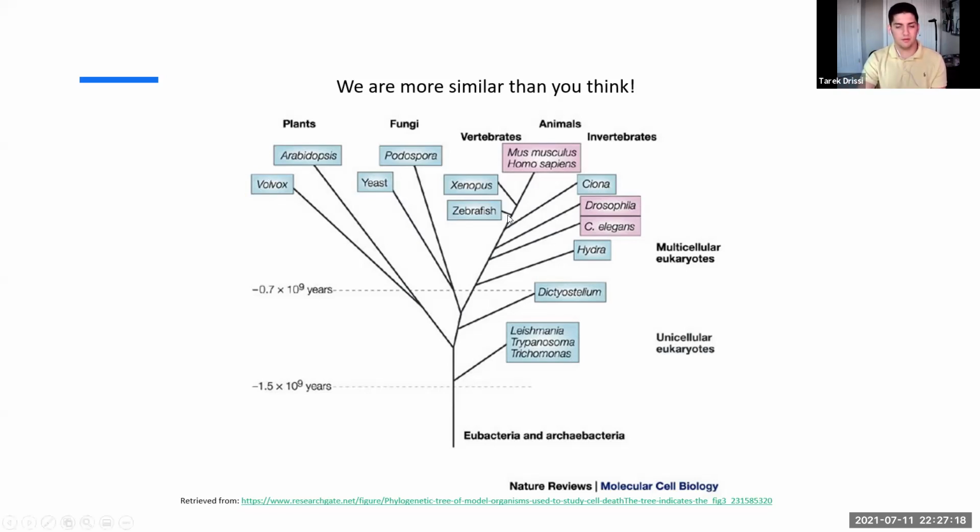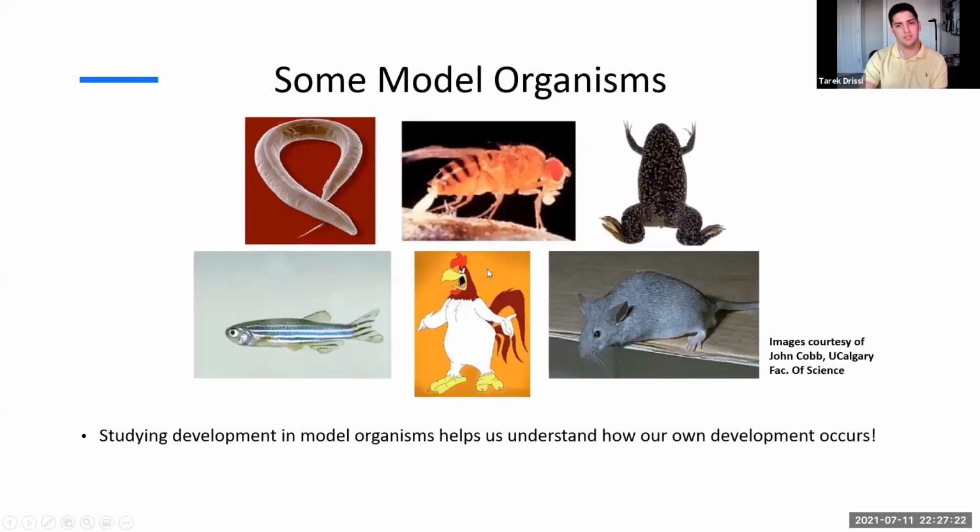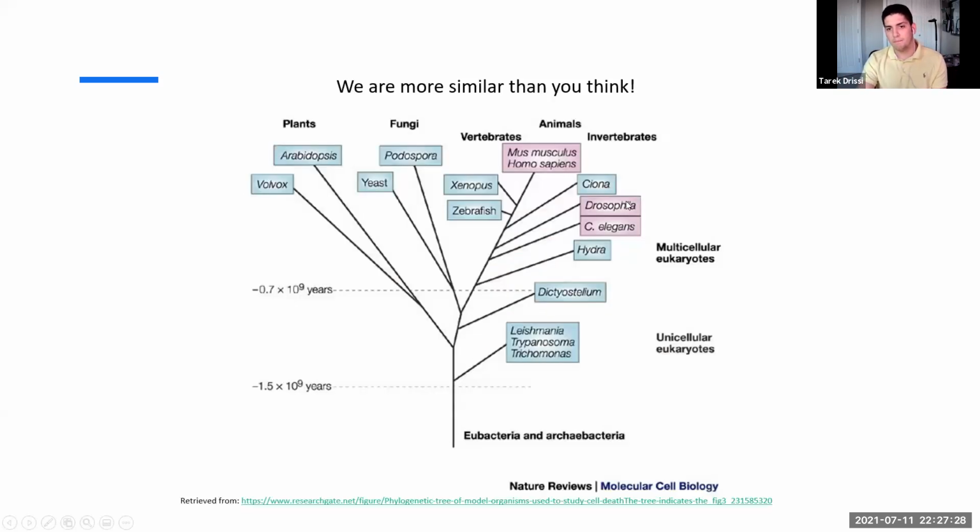Here's zebrafish. They're a bit further off from us than frogs because, of course, they're fish. They don't have limbs. They don't have legs. They do have vertebrae and a spinal cord, though. Drosophila fruit flies are even further off, so they're less related. They branched off during evolution longer ago.